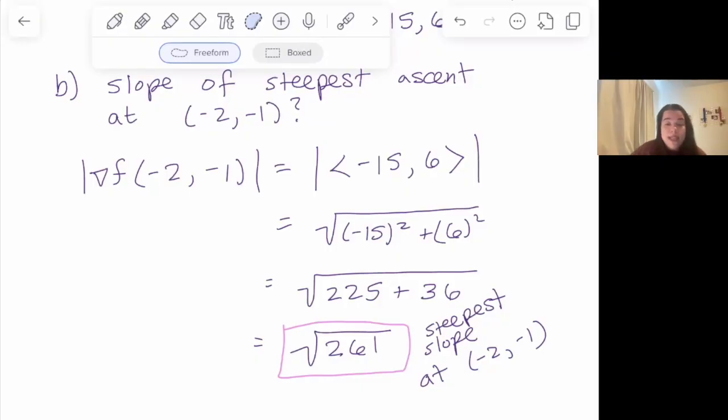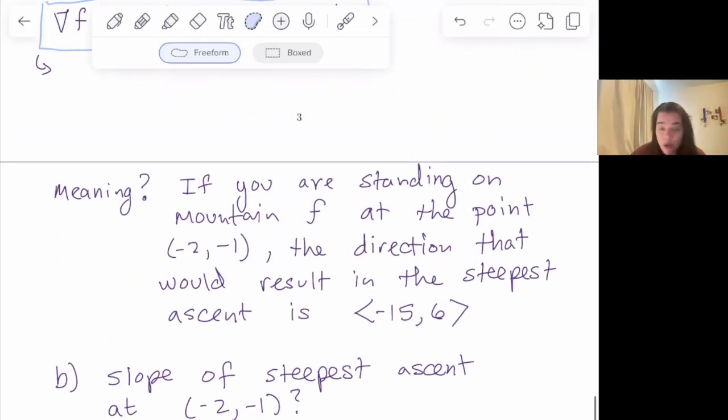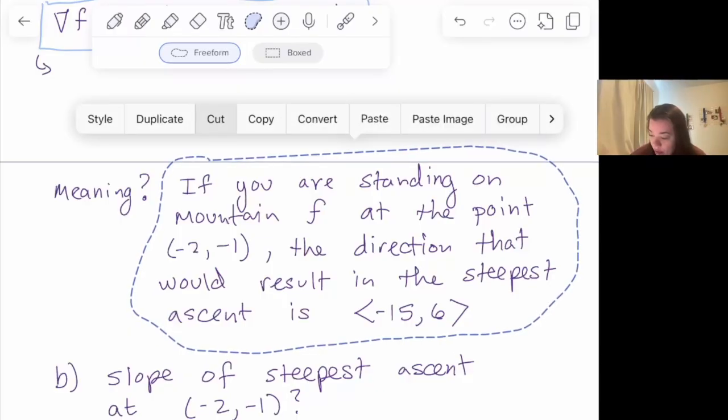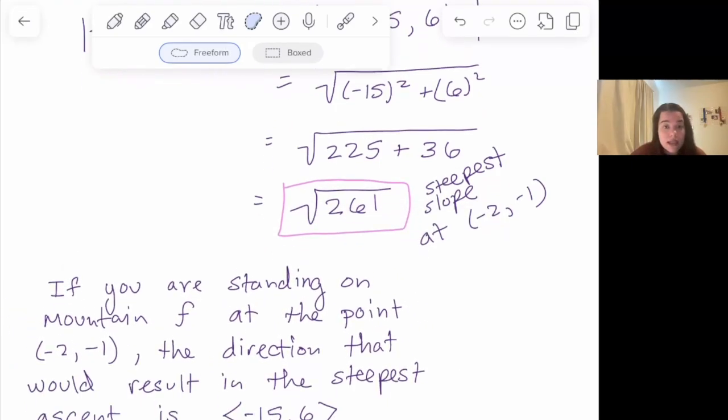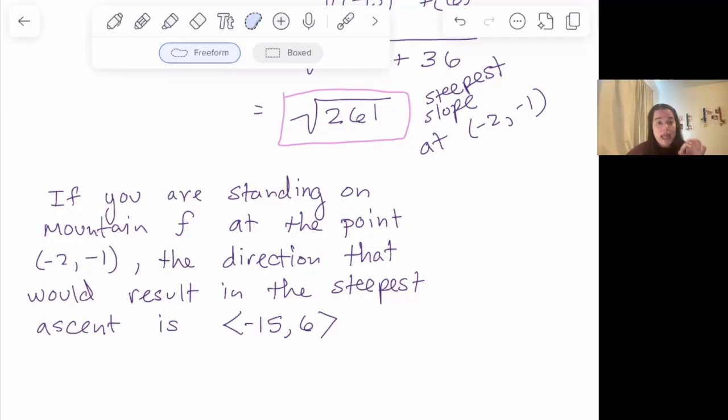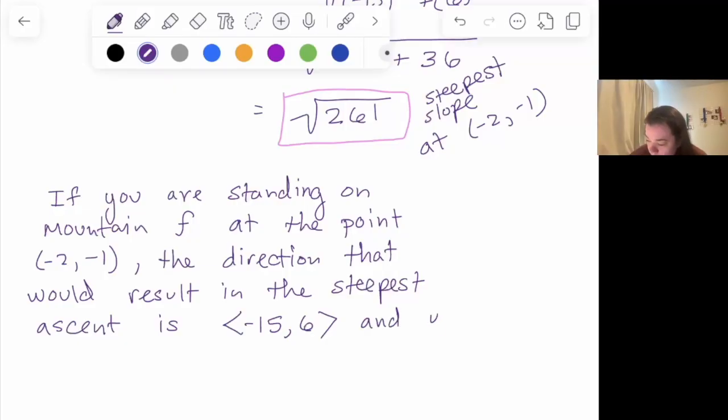So let's take a minute to recap what we actually found. What I'm going to do is I'm going to go back up and copy and paste that sentence we wrote before, and now we're going to add to this meaning. So I'm just going to bring down this sentence from part A, and we're going to add to it. So let's get it on the page there. If you are standing on mountain F at that given point, the direction that would result in the steepest ascent is that gradient vector, -15, 6, and your slope is the square root of 261, excuse me.